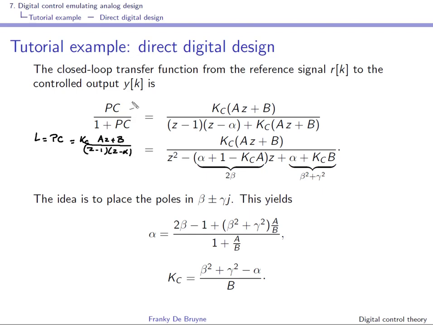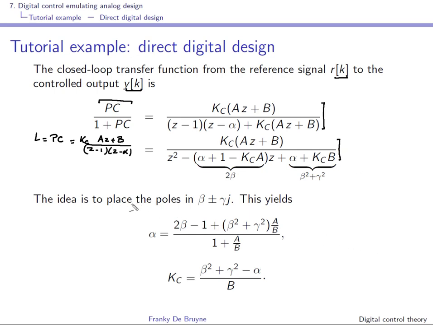So what we can do is compute the closed loop transfer function from a reference signal set point to controlled output, and this is PC over 1 plus PC, or L over 1 plus L, and this is what you obtain. And if you rework the denominator, this is what you obtain.